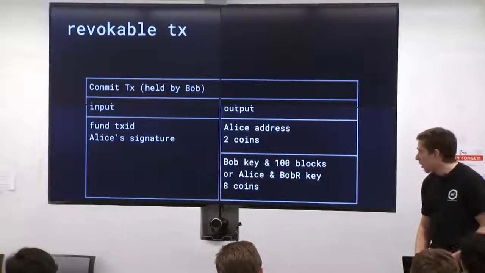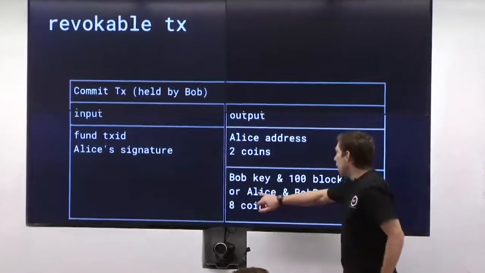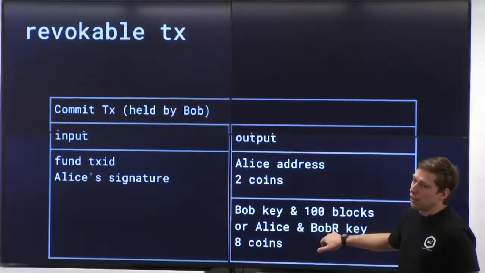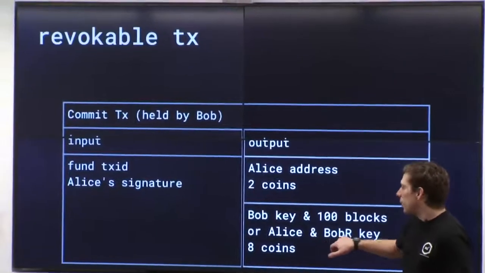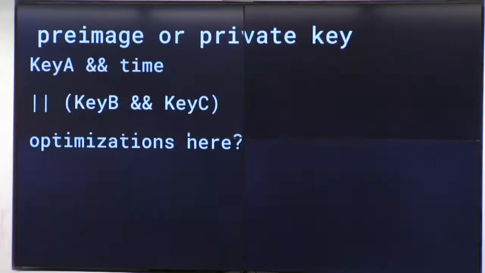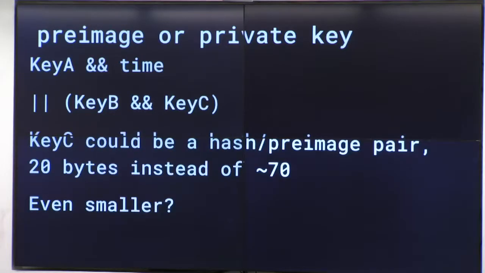So how would it work? You just say, okay, Alice signs if Alice knows Bob R's preimage, right? Bob R doesn't have to actually sign. She can just know it. That would work. So actually, that was the initial idea. I think that's what's written in the paper. But you can do even smaller.